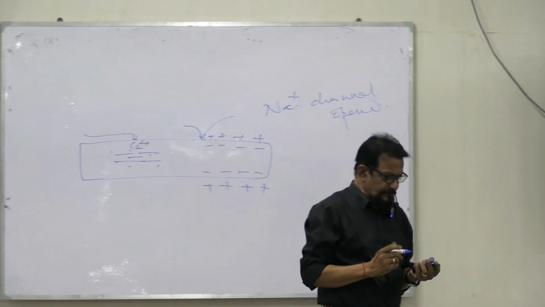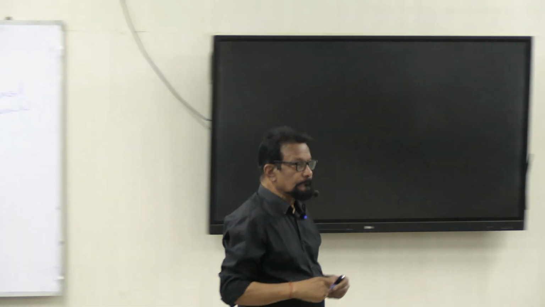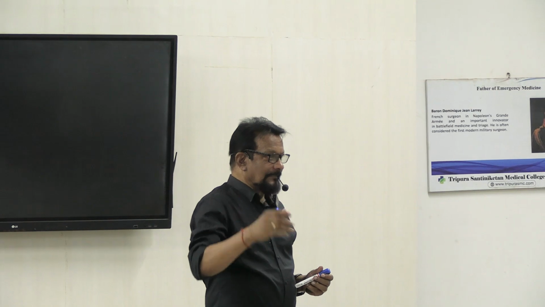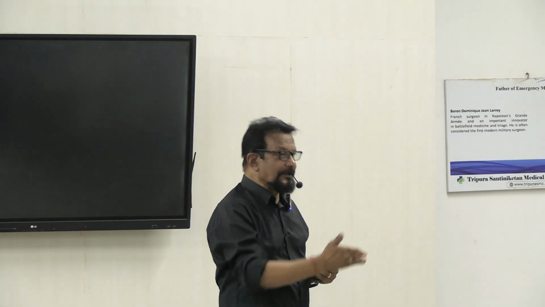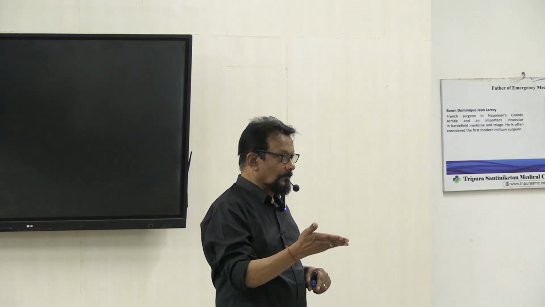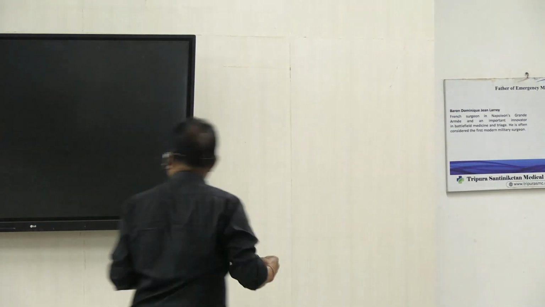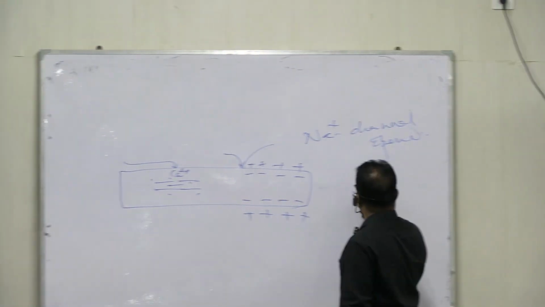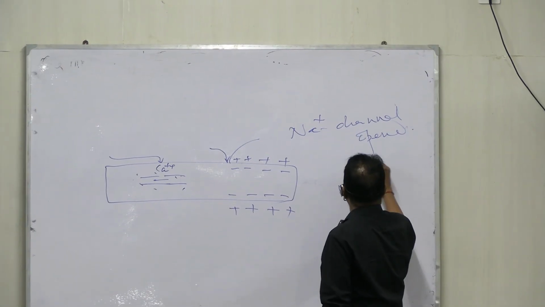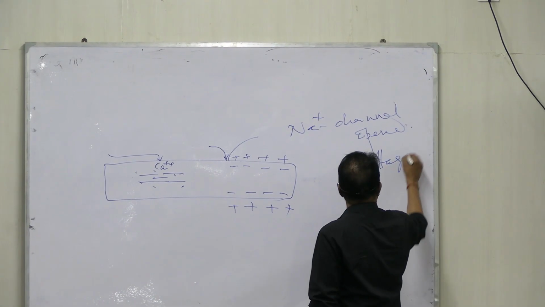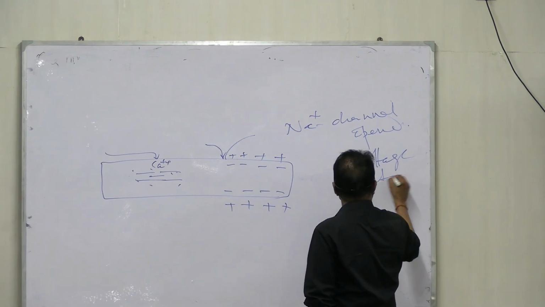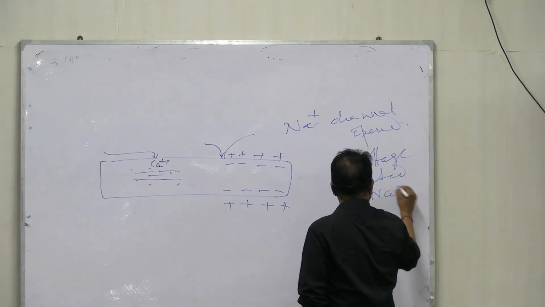There are different types of sodium channel. One is the leaky channel. Through this leaky channel, entry of sodium ion from outside to inside is slow. And there is another type of channel, the voltage gated sodium channel.